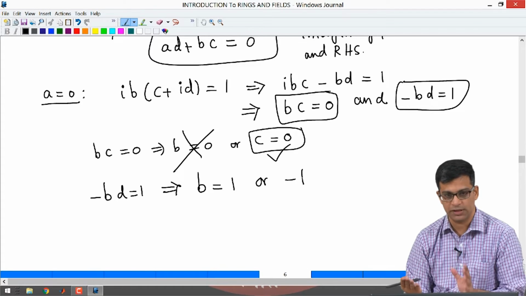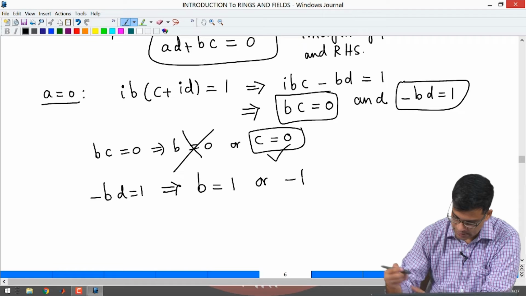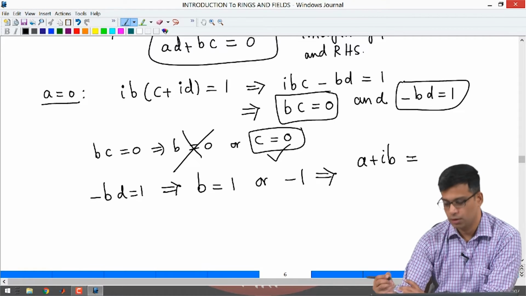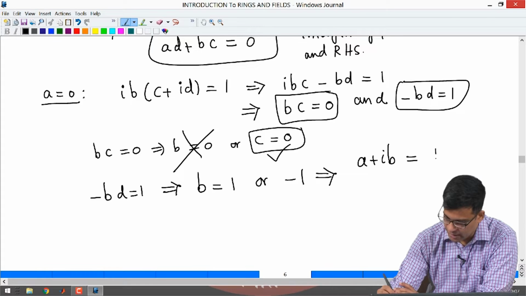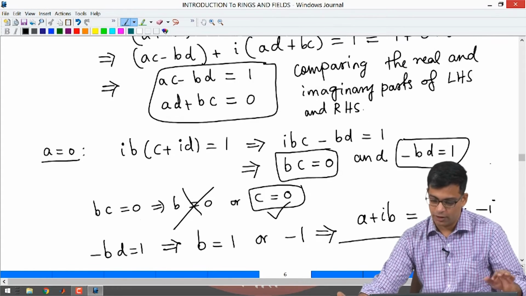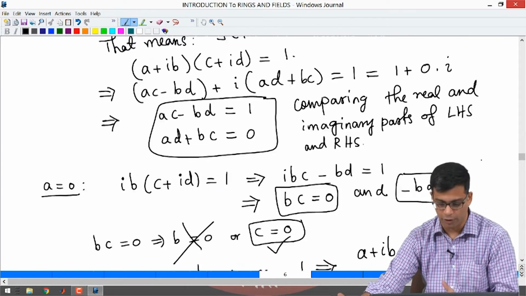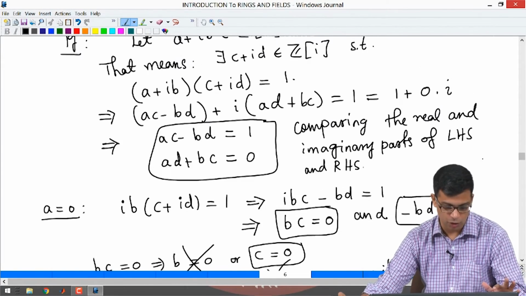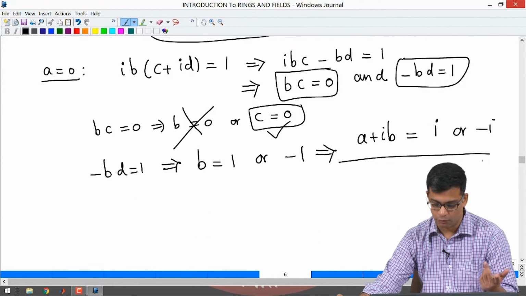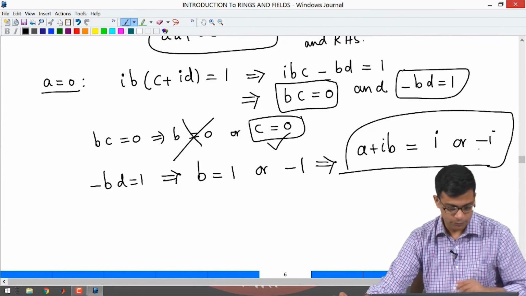If you have two integers multiplied to 1, those integers must be either 1 or minus 1. That means A plus IB, which was our original unit, is either I or minus I, which we already considered. So, remember I and minus I we already know are units. So, if A is 0, that means you have just unit of the form IB, B is 1 or minus 1. So, A plus IB is I or minus I.